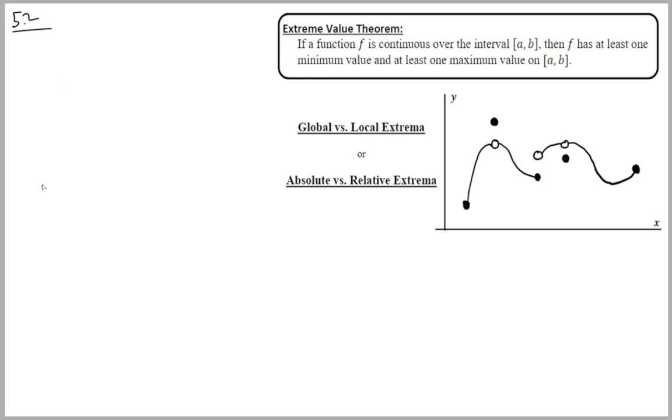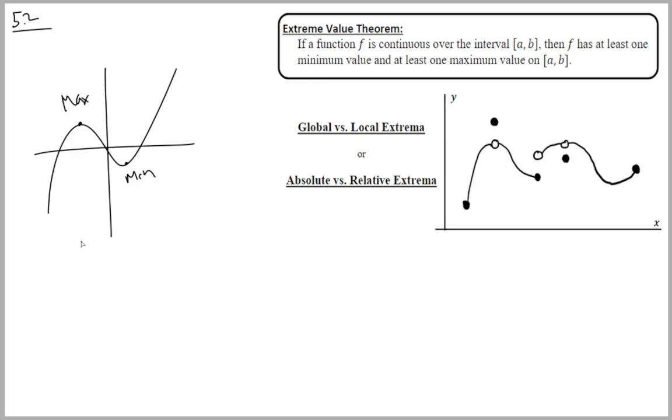Critical points are basically kind of easy to understand. Critical points are your maxes and mins. It's this point right here, which is your relative max, and this is your relative max, and a point right here, which is your relative min.